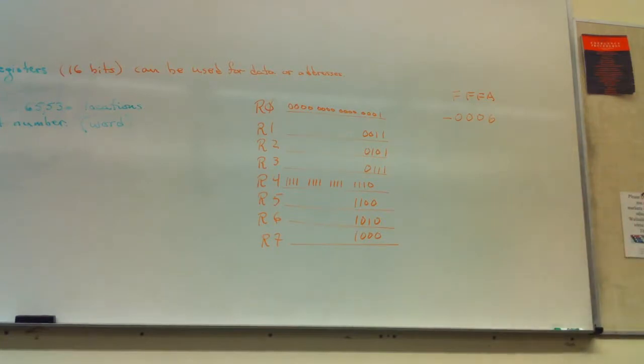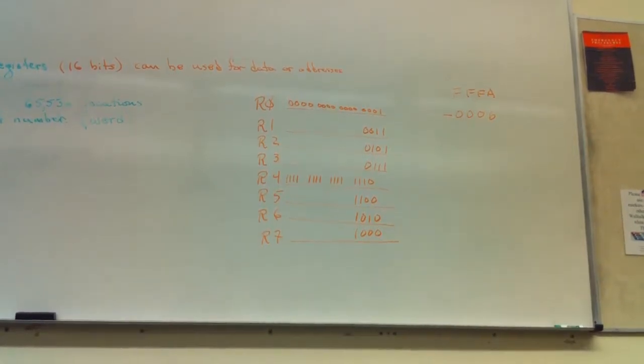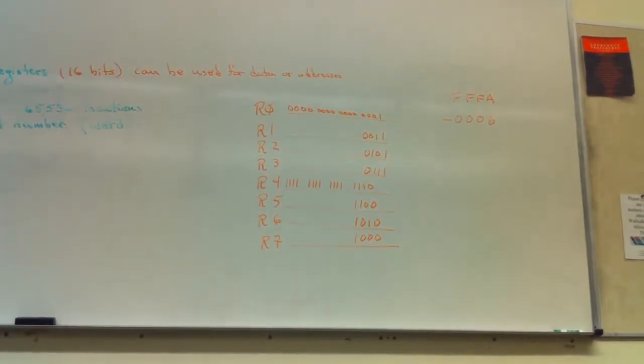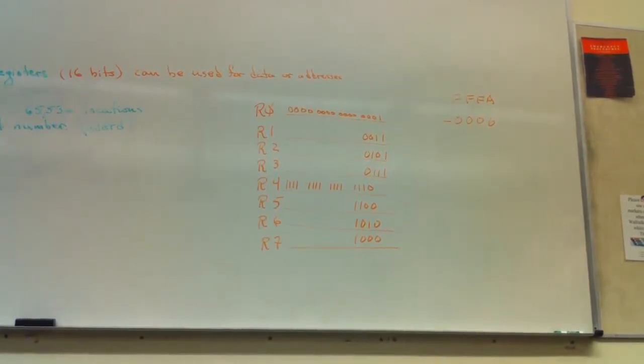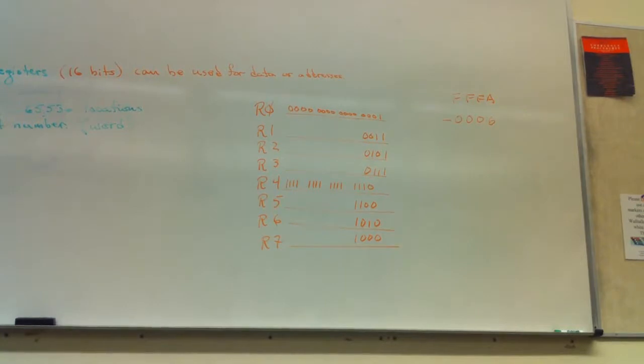Why don't they just do, for the registers, because it goes 1, 3, 5, 7, and then negative 2, 4, 6, 8. Why don't they just do 1 through 8, or 0 through 7?